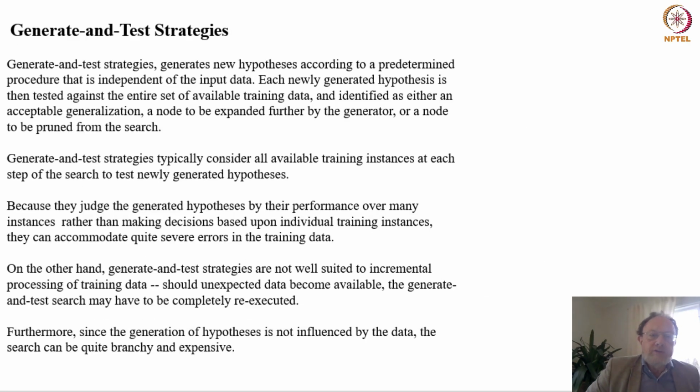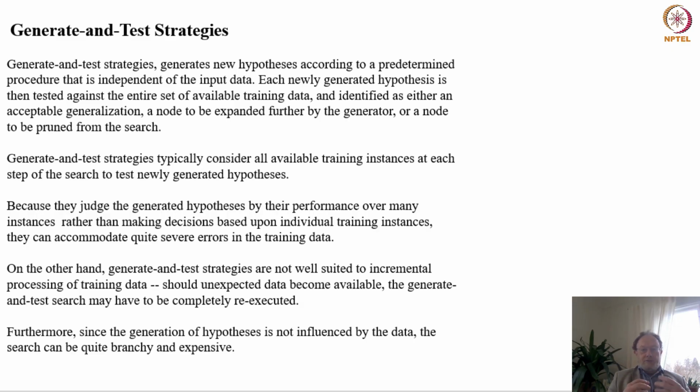First, a few words about the generate and test strategies. In generate and test strategies, we generate new hypotheses according to some procedure. And this procedure is typically independent of the data set or the input data. So each generated hypothesis in the hypothesis space is tested against the entire data set available.